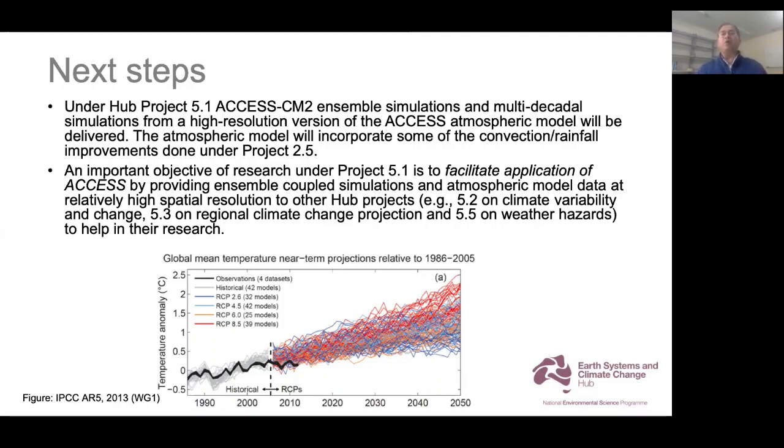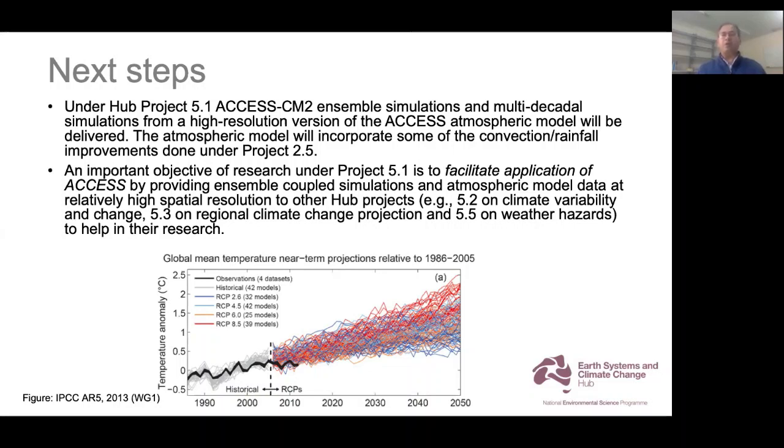We will also use a relatively high resolution version of the ACCESS atmospheric model to conduct multi-decadal simulations. The atmospheric model will incorporate some of the convection improvements that have been done under Project 2.5.